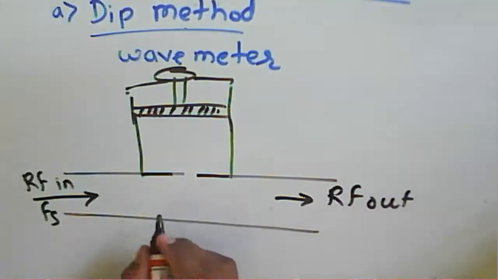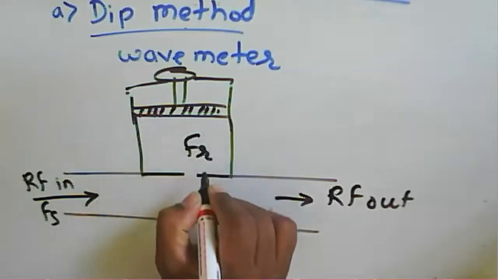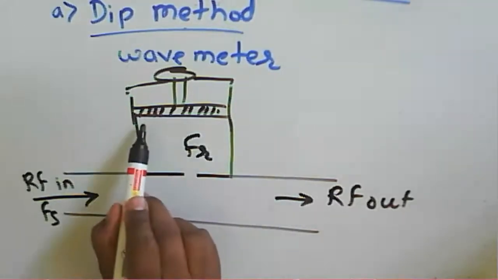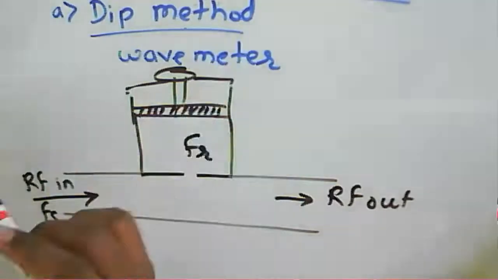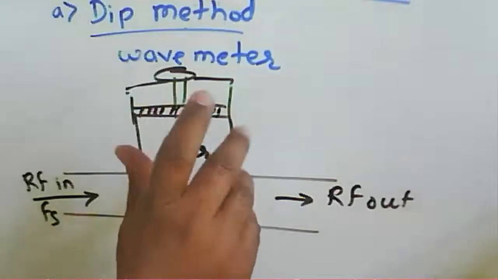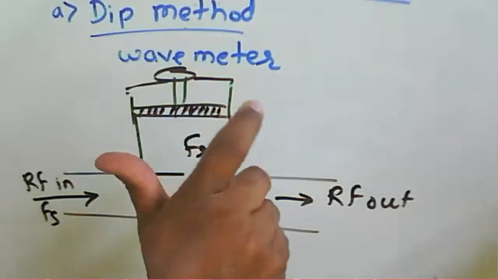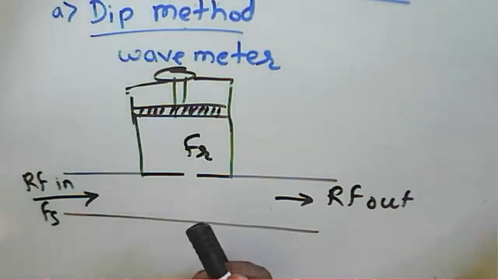Now the given cavity has some resonating frequency. So through the plunger, if we rotate the wave meter in a given direction, whether clockwise or anti-clockwise, we adjust the resonating frequency accordingly.